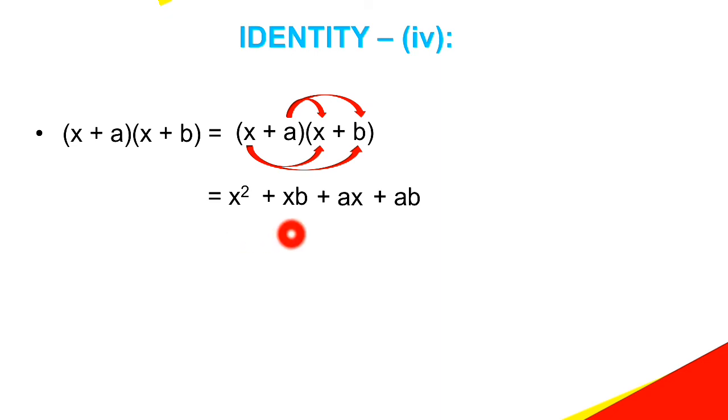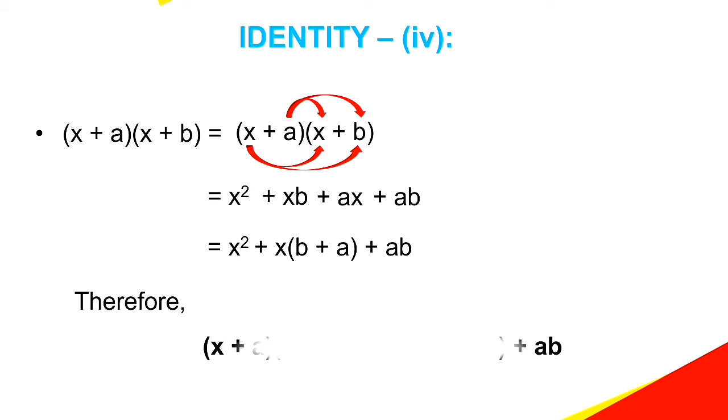X square plus XB plus AX plus AB. Now see, X square plus, in these two terms, what can we take common? Right, the common term is X. What are the leftover terms? B plus A. So what can we write? X into (A plus B or B plus A). We can write plus AB.